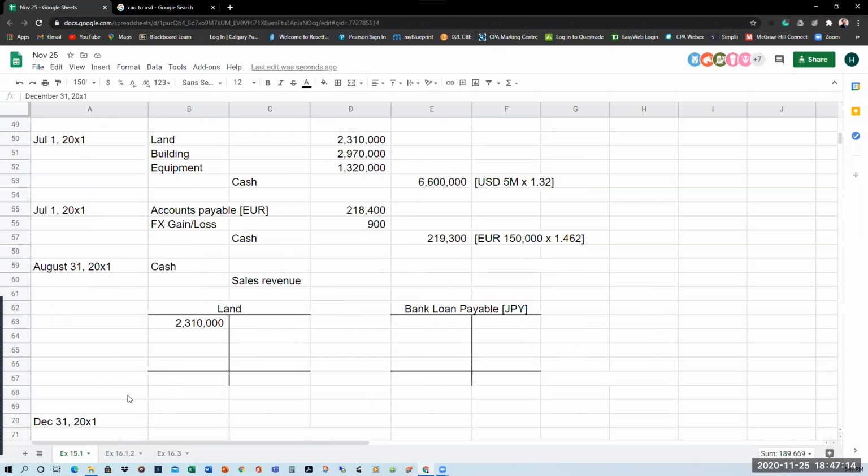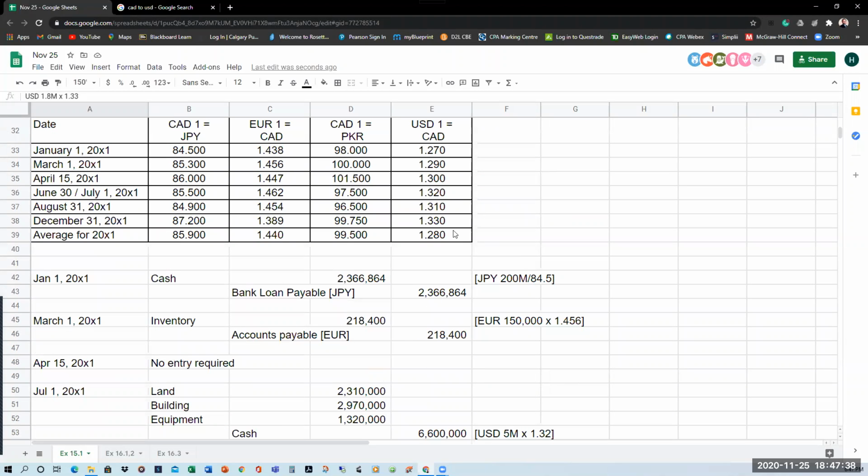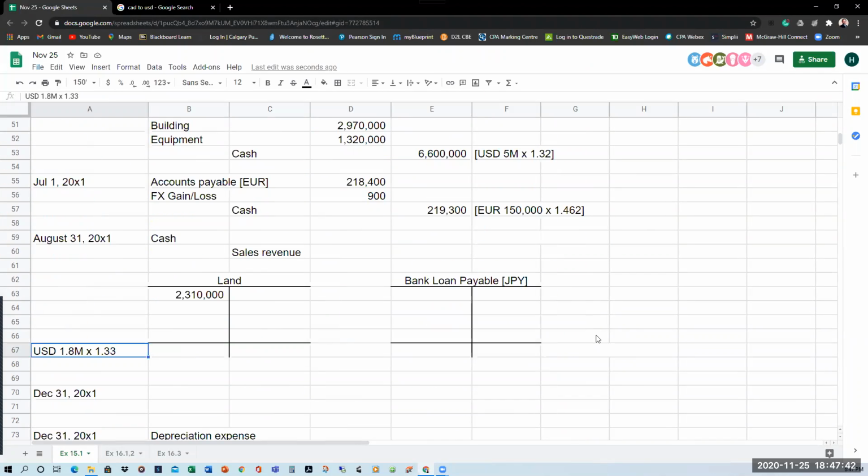So the land, which in US dollars has been valued at 1.8 million, of course, we can't show that on our balance sheet at 1.8 million because that's 1.8 million US dollars. So to express that into equivalent Canadian, you got to use the exchange rate of 1.33, which is the exchange rate on December 31st, 2001.